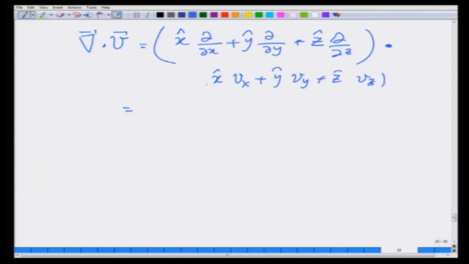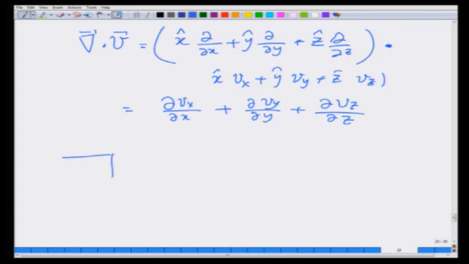If I take the dot product, x dot x gives me 1. So, I am left with this plus y dot y gives me again 1 d v y by d y plus partial V z by partial z. All other dot products give me 0.